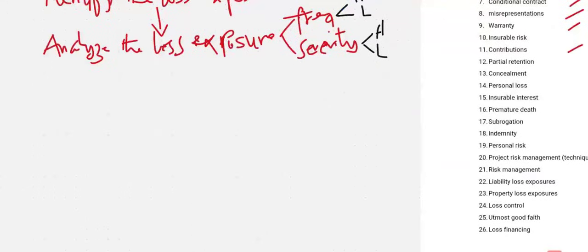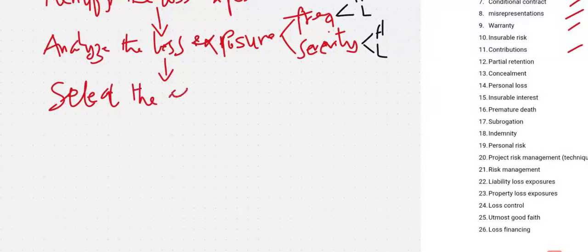So what's the next step? IASM. We've done the I, we've done the A, we are on the S. The S is you select the appropriate risk management technique.